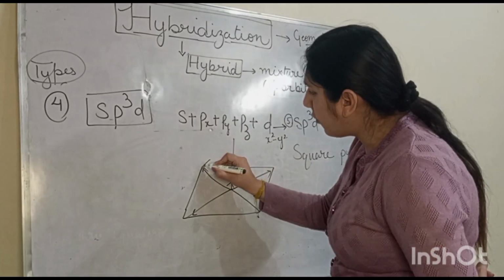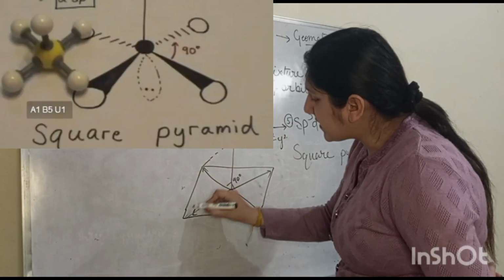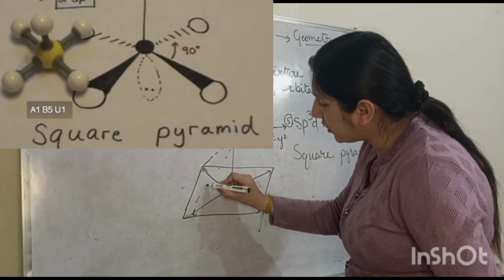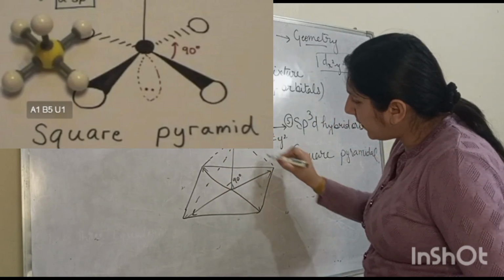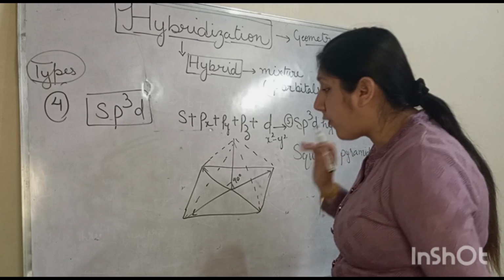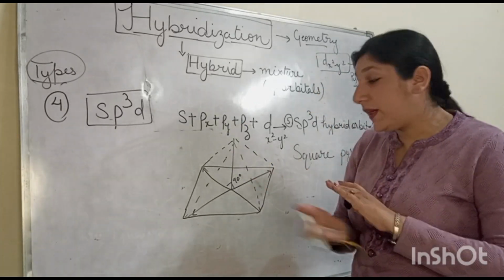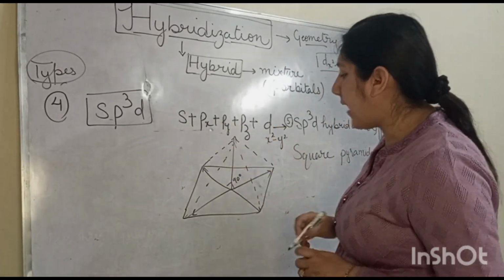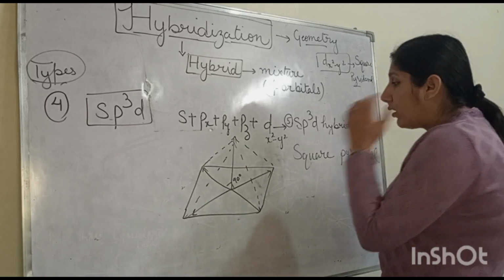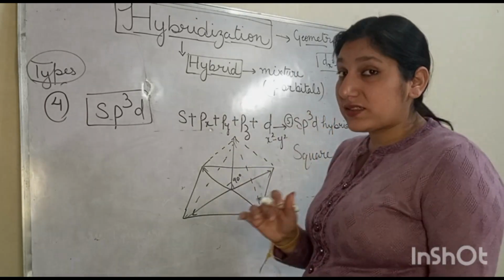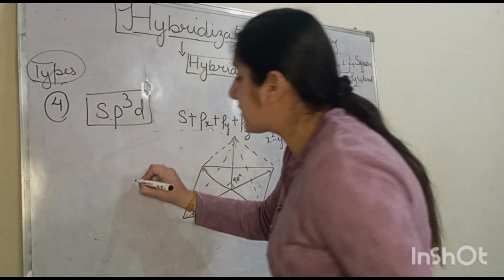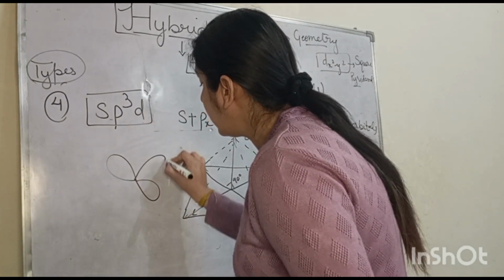Now they can form a pyramid of themselves. So that is why the structure is named square pyramidal, because a pyramid is formed but the base of the pyramid is a square. So this is a square pyramidal structure. Because we know that dx square y square orbital is of this shape.